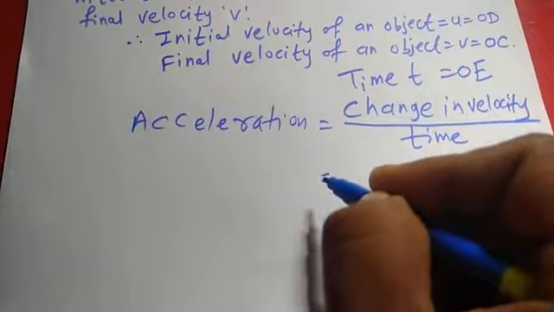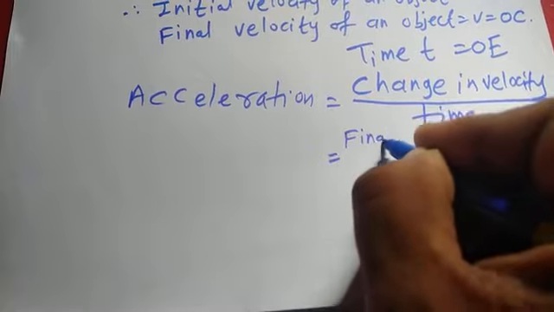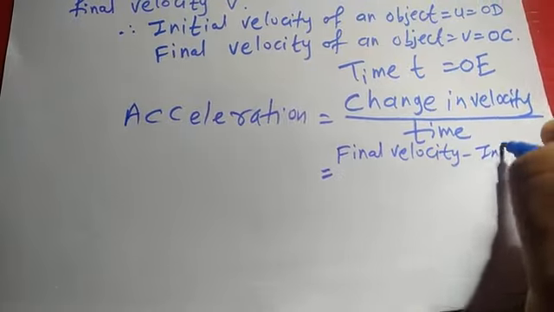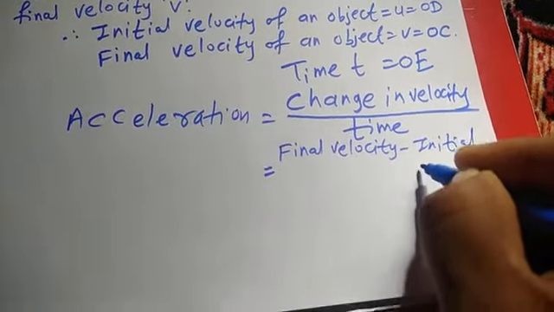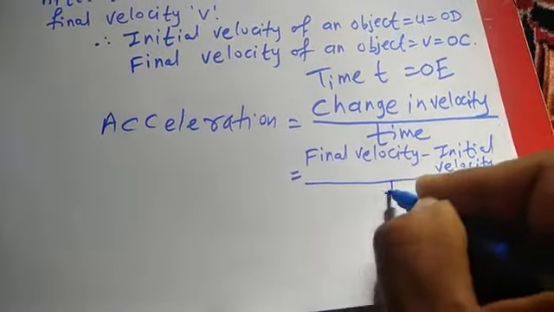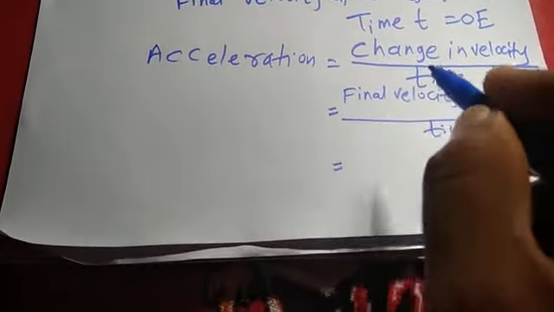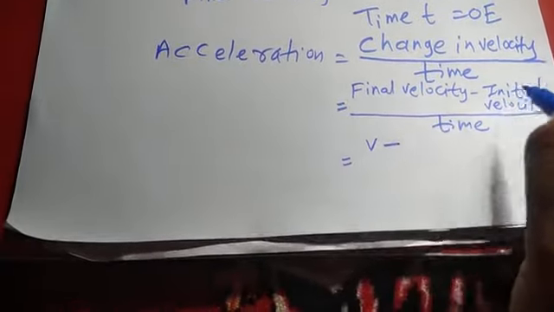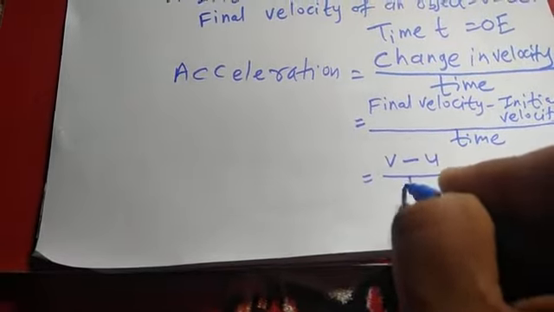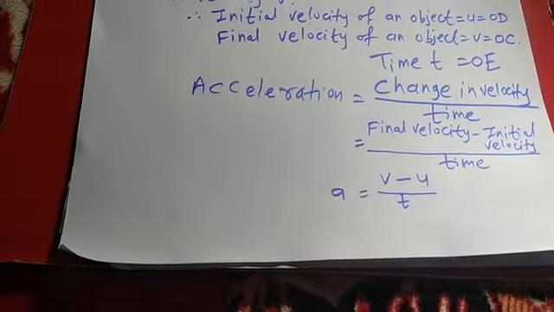Change in velocity means final velocity minus initial velocity, upon time. Now write this formula in notations. Final velocity is denoted by v minus initial velocity is denoted by u. V minus u upon time is denoted by t. So acceleration a is equal to v minus u upon t.